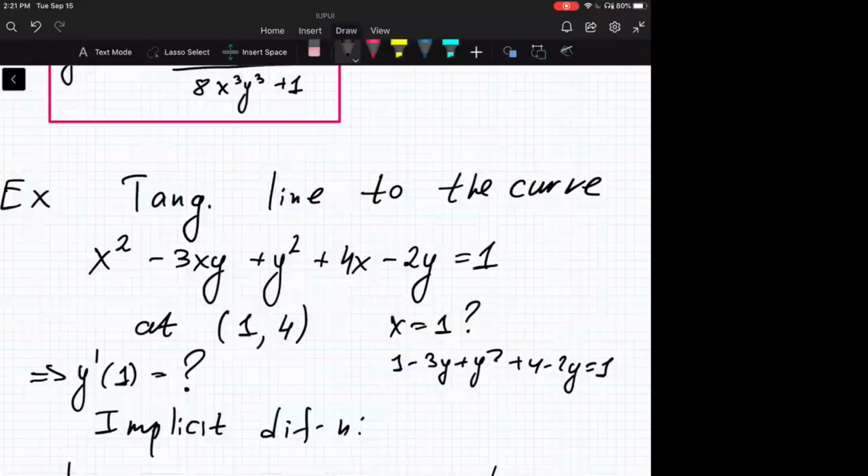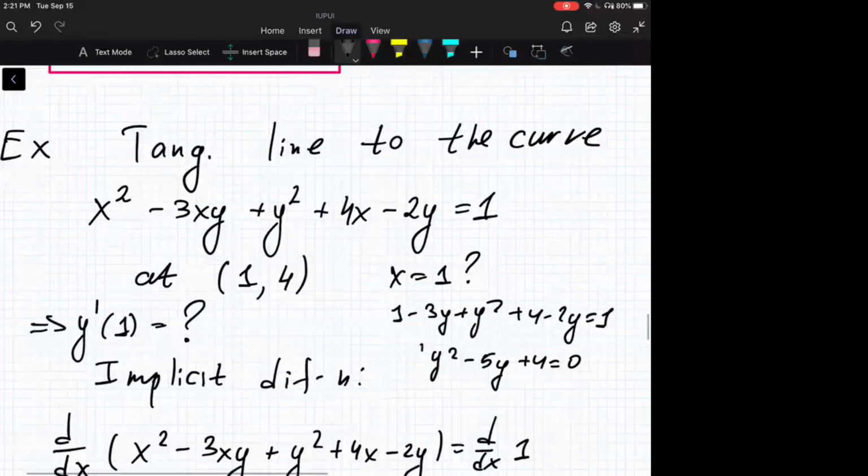And that will give you y squared minus 5y plus 4 is equal to 0. And you need to solve this quadratic equation and get that y. One solution is that y is equal to 4, and another is 1.